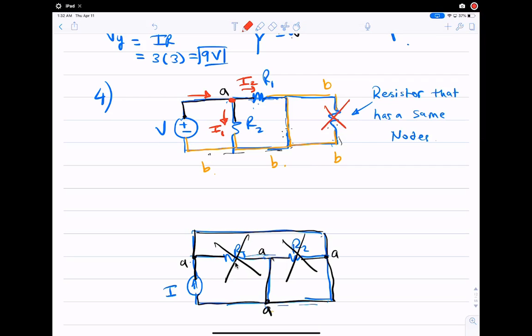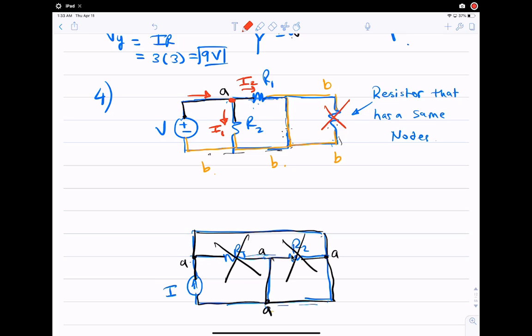Now here, if you look at this one, this is node A. I went through all the circuit without taking my pen or my pencil off the circuit. That means that this resistor has AA, so you can delete it.